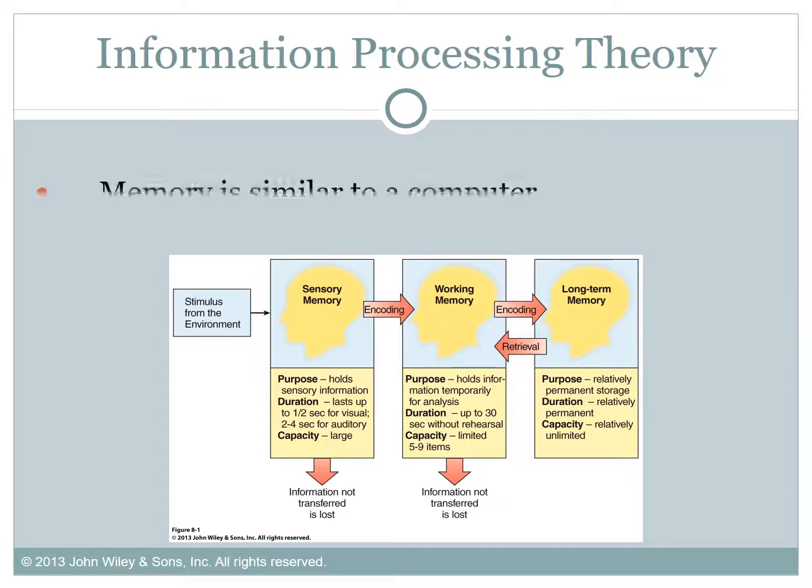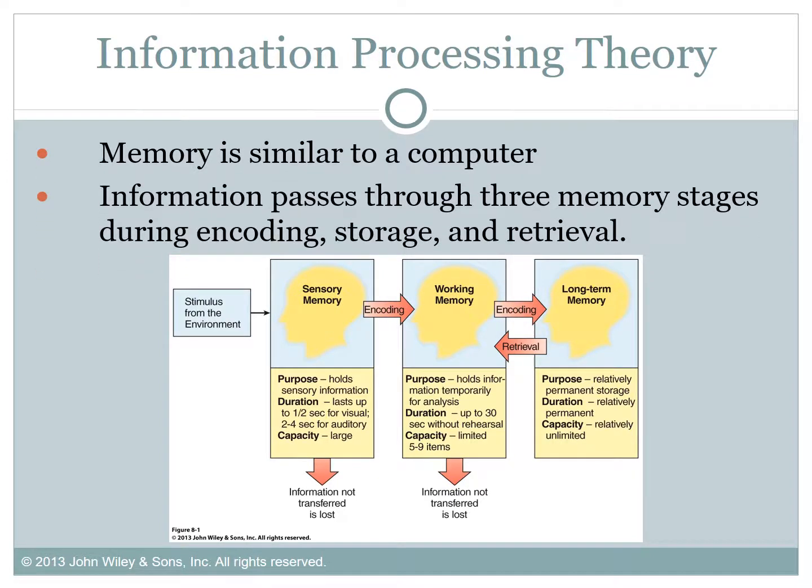This information processing model produces a system that's very similar to a computer. Because information moves in an extremely linear fashion through this model, it's easy to discuss and to talk about. For this model, information passes through stages of memory for encoding, storage, and retrieval. But it always begins with some stimulus from the environment.